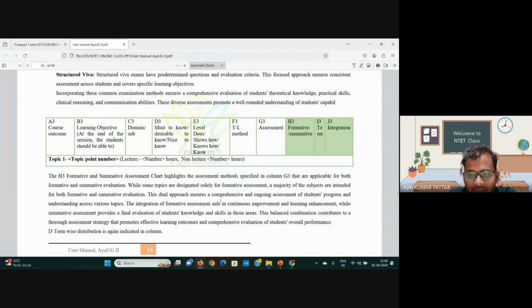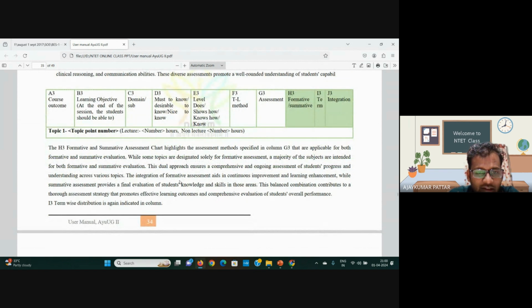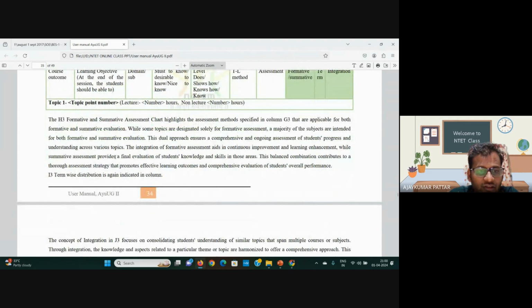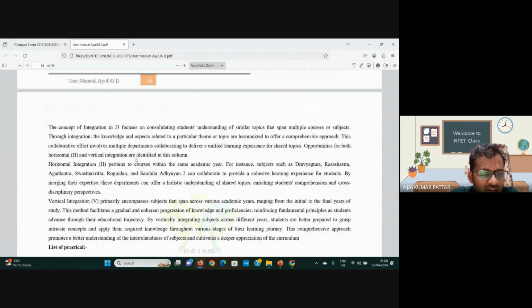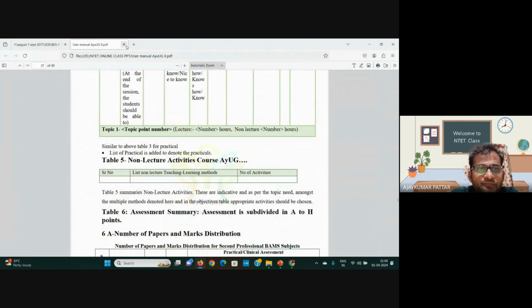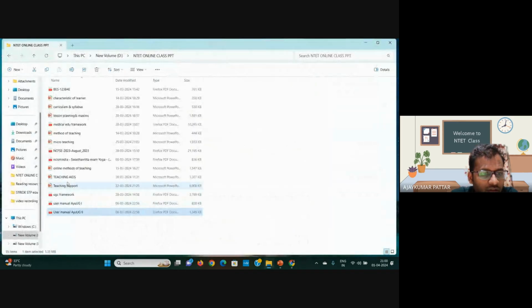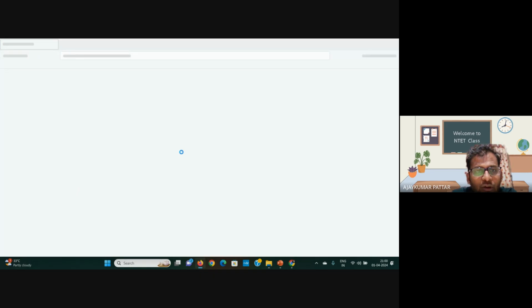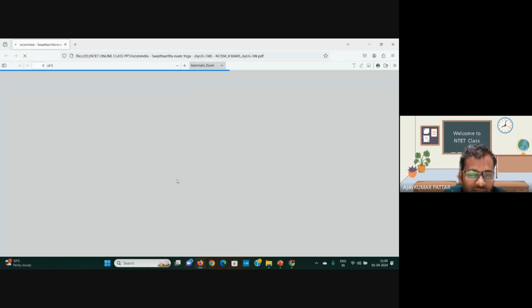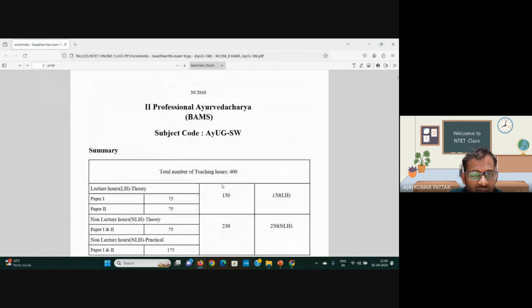If you read this you will now understand what these things are. Let me show another point, from which you will be able to understand what assessment, formative and summative are.